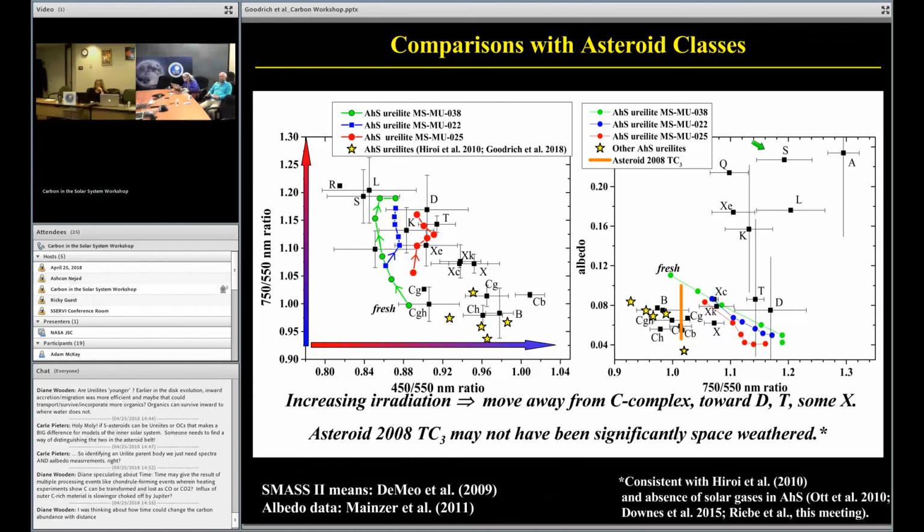But maybe there's just a finite supply of pre-solar carbon, and that goes away fast. Gets incorporated into stuff. But who gets it?